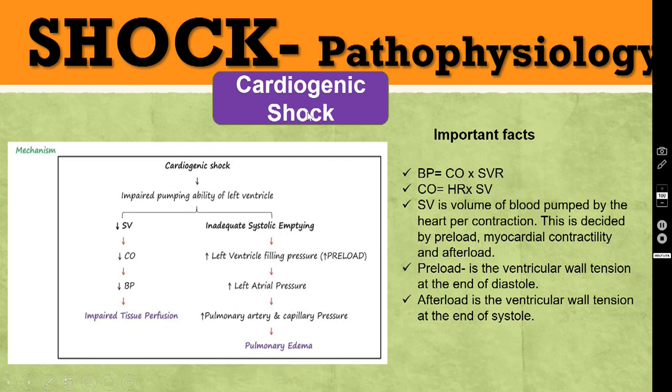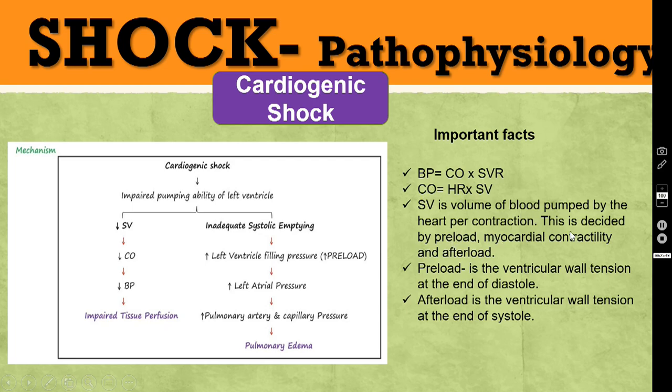So in cardiogenic shock, we have to remember some important terminologies, because now we are talking about preload, stroke volume and all. So what are those terminologies? Let us see. BP is cardiac output into systemic vascular resistance. Cardiac output in turn depends on the heart rate and the stroke volume. What is stroke volume?